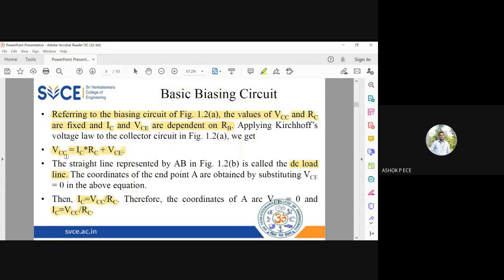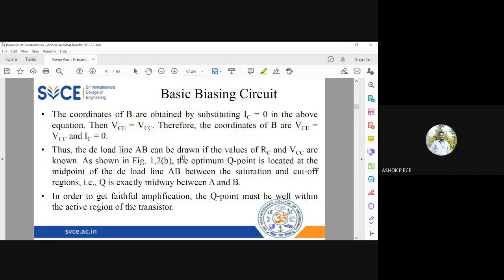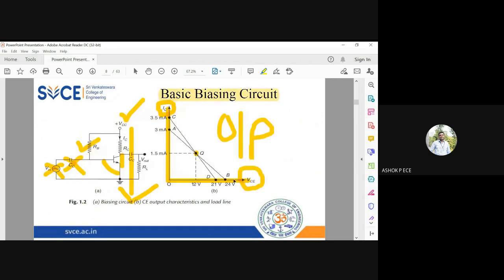If I put IC equal to 0 in this equation, I will get VCE equal to VCC. So the other end of the coordinate I got is this point, B. B point is VCE equal to VCC.